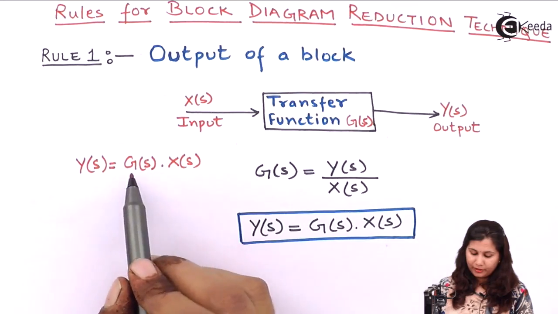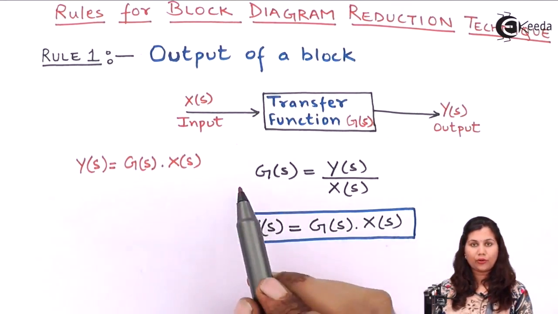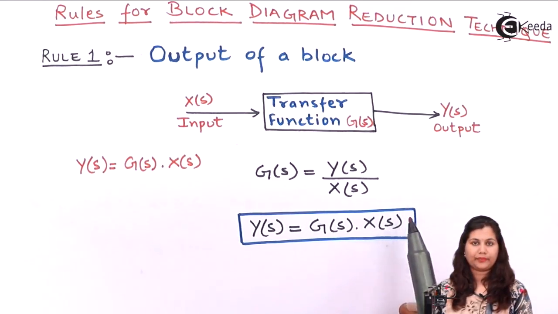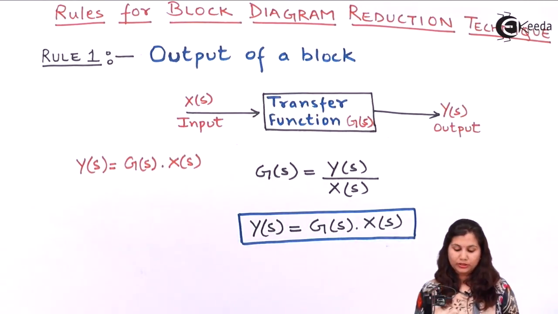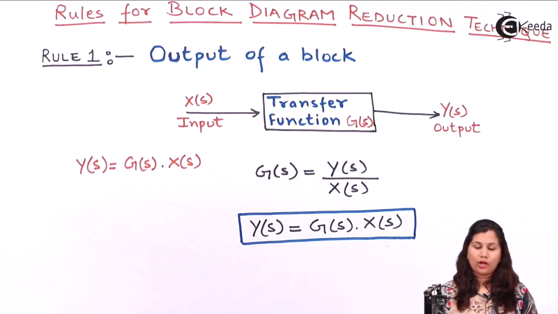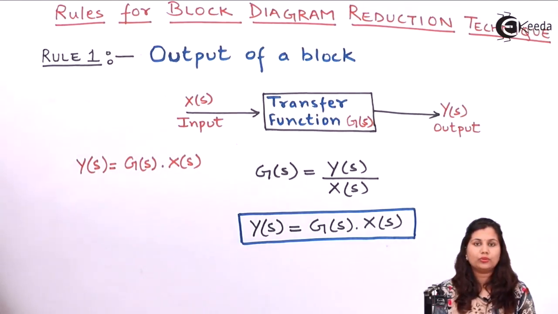Now if we rearrange this, we will get the transfer function of the block as Y(s) by X(s). Okay, so this is how we find out the output of a block. So whenever we encounter a block in a block diagram, we can use this rule to find the output of a block.